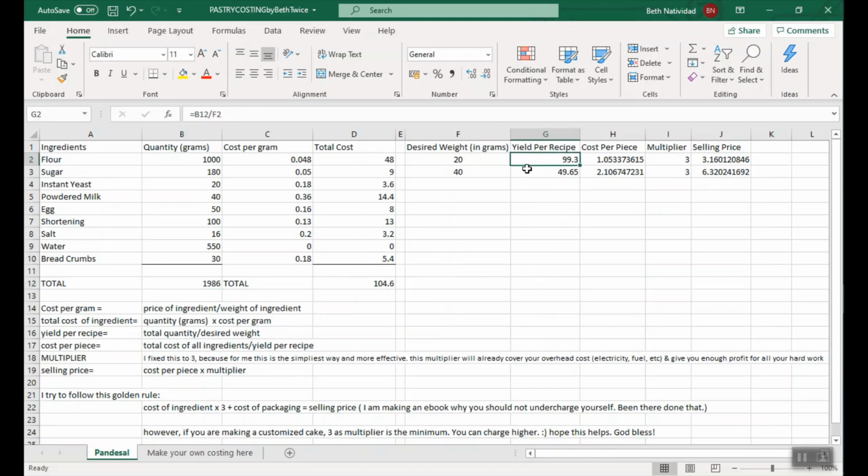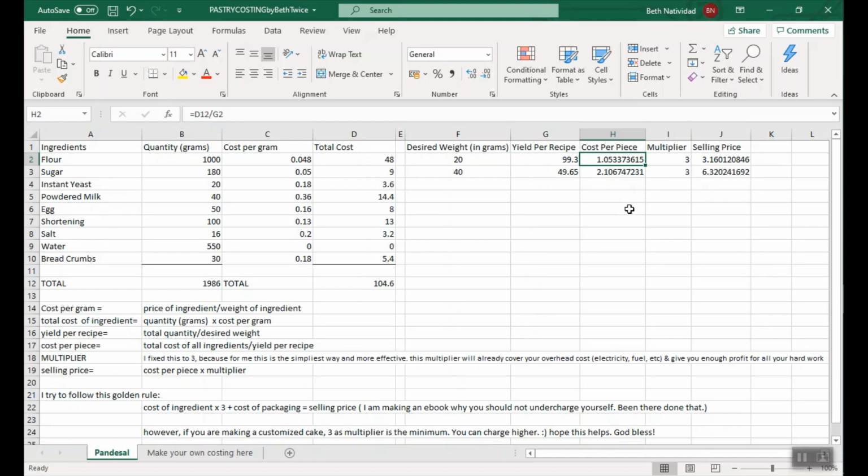Makikita mo dito sa formula, it's B12 divided by F2. Ito, F2. So, ito yung magiging number of pieces mo. Sa isang recipe nito, makakagawa ka ng more or less 100 pieces, or to be exact, 99 point something.